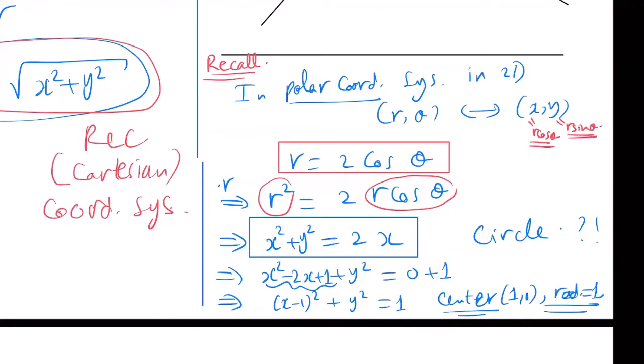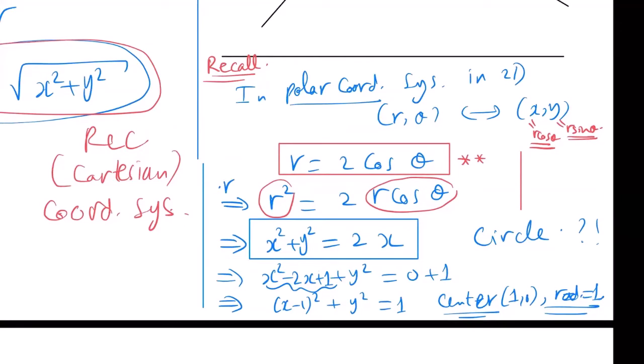So when we multiplied, we get r cosine theta, which is x. If it was sine, we get r sine theta, which is y. r squared in all cases is x squared plus y squared. So this is a very important equation in polar coordinates, a circle with a shifted center. I'll draw it with you here.